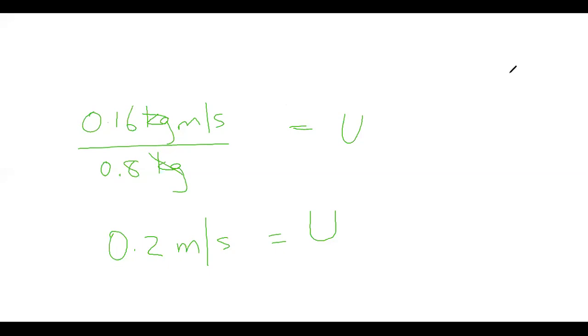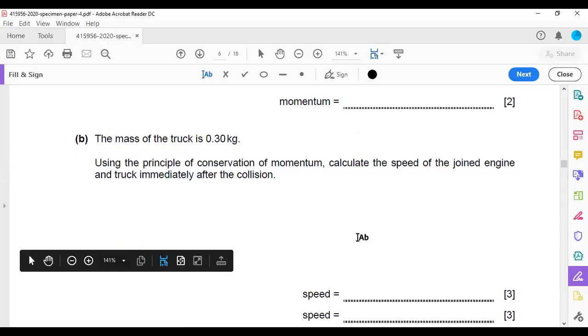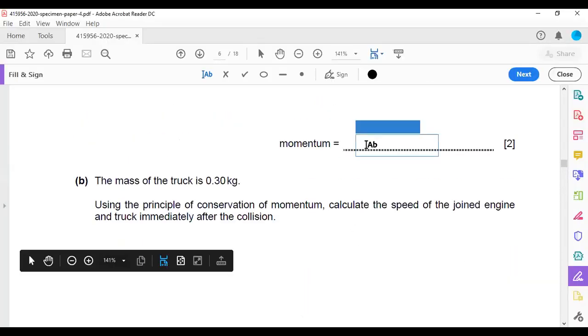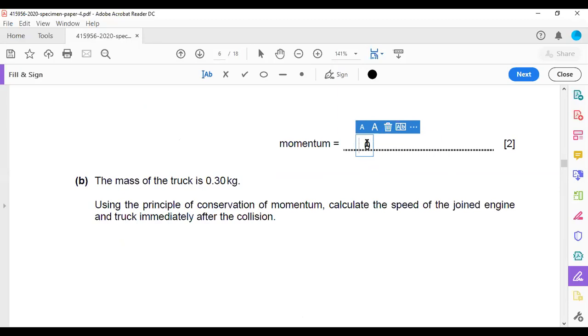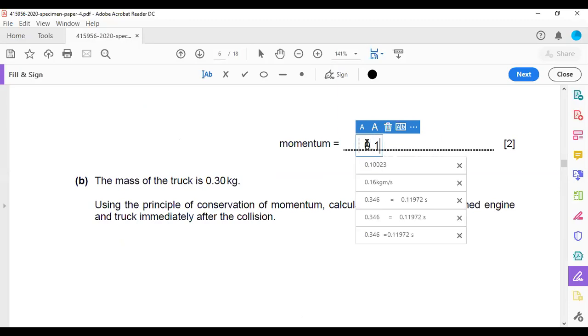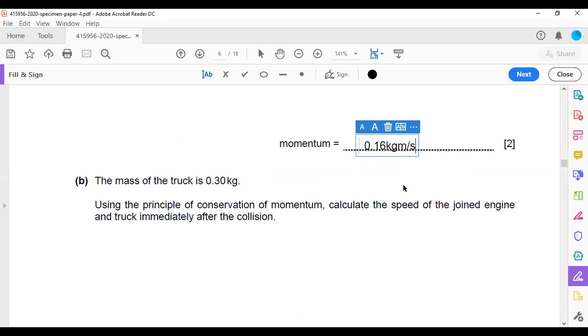Are you okay with that so far, or should I take off the working? Good, nice. So your first answer for momentum here was 0.16 kilogram meter per second.